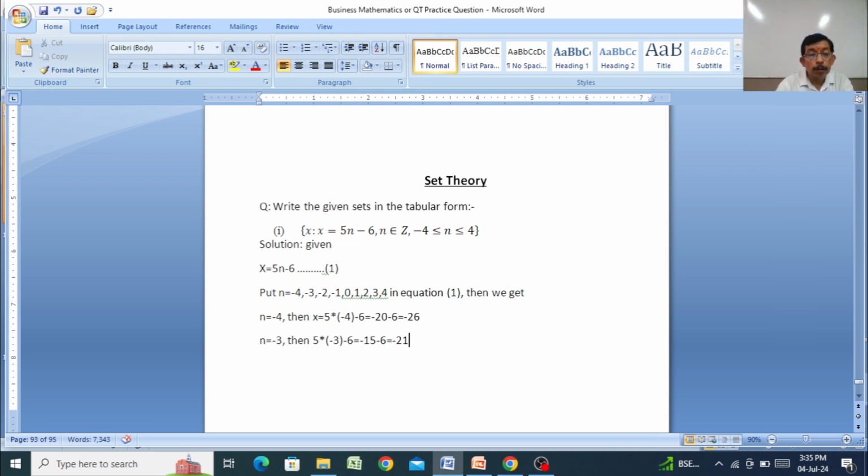Is it clear? Now if n equals -2, then 5 times -2 minus 6 is -10 minus 6, equal to -16.